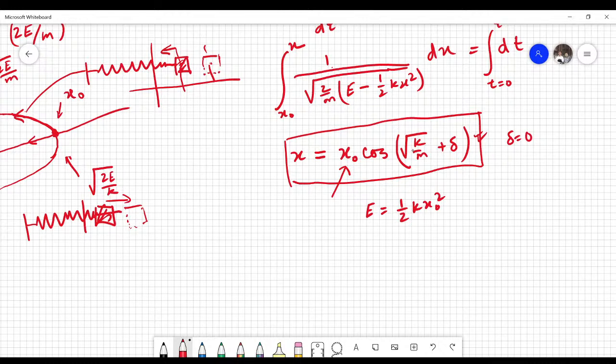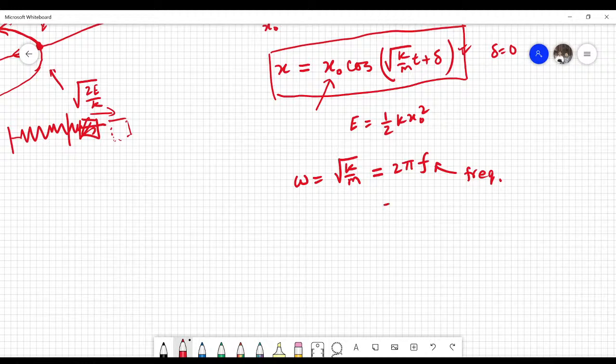And another is the frequency. In cos of square root k by m multiplied by t, the coefficient of t is your omega. So omega equals square root k by m. That's the angular frequency of the spring. You can write the same thing as 2 pi f, where f is the ordinary frequency, not the angular one, and the ordinary frequency is related to the time period, like 1 over T equals f, where T is the period.